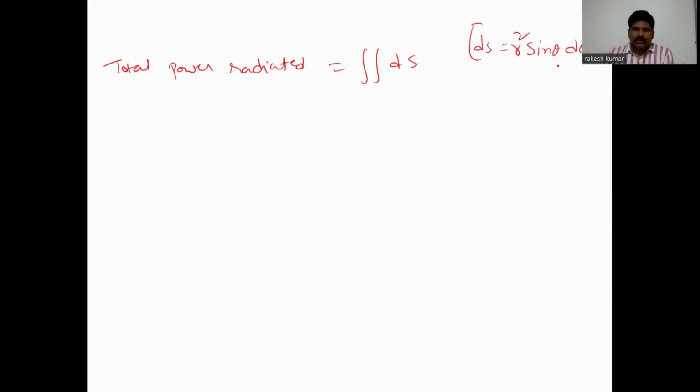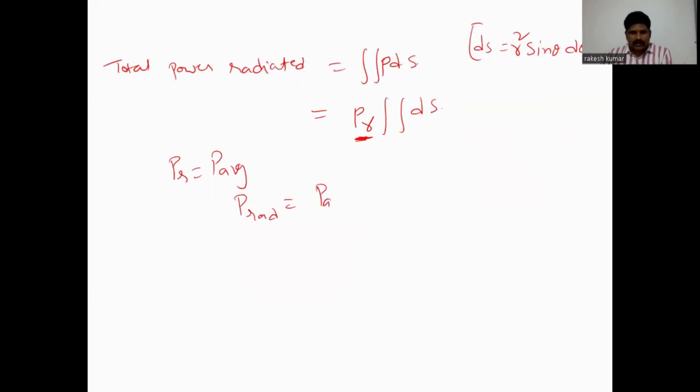Since all the power is radiating in the radial direction, we call it P_r. You can assume that P_r is equal to P average, since the radial component is equal to the average power. Therefore, total P radiated is equal to P average into the double integral of ds.